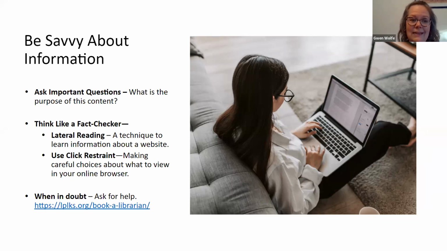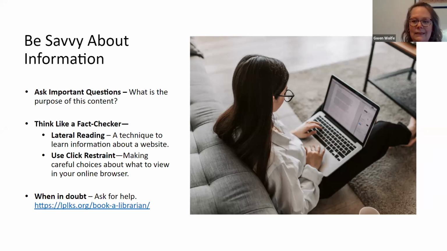I think probably in this day and age, most people are. But you might not realize that you can actually be a fact checker. You can check your own facts and you can take the steps that they use to quickly identify good resources. And those two simple steps are lateral reading and click restraint. And we're going to take a look at that here in a minute.